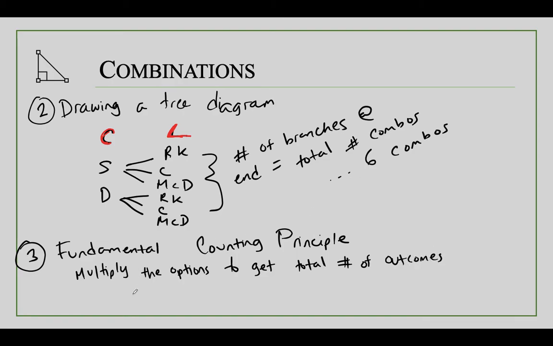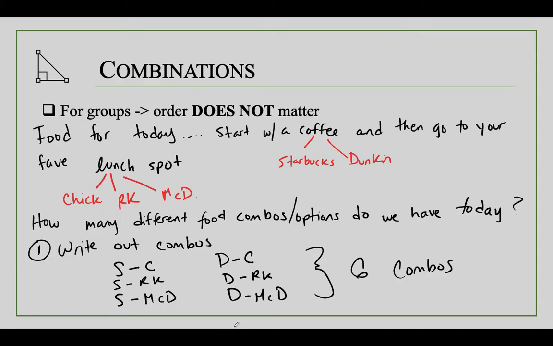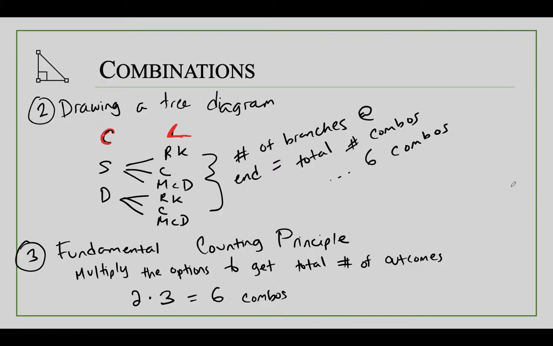So indeed we had 2 coffees times 3 lunch spots, which equals 6 combos. In fact, just because I really hate using this word option, I'd rather us just say outcomes, because options are kind of singular. Outcomes, that encompasses all of our combos. Okay.